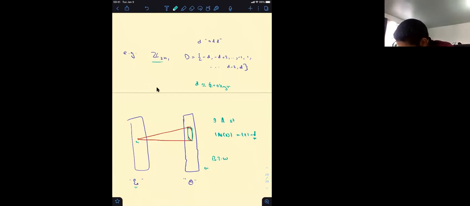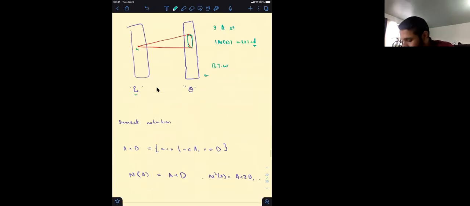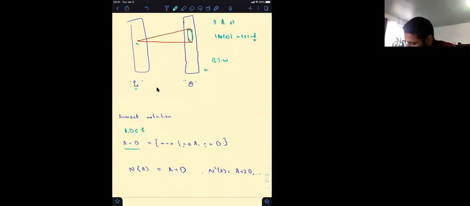Okay, so let's recall the basic subset notation again, and I'll talk in a bit more detail. A plus D, for A and D subsets of the abelian group, is just the set of sums a plus x for all a in A and x in D. So stare at it for a minute. In a Cayley graph, the neighborhood of a set A is A plus D, and the second neighborhood is A plus 2D, and so on.